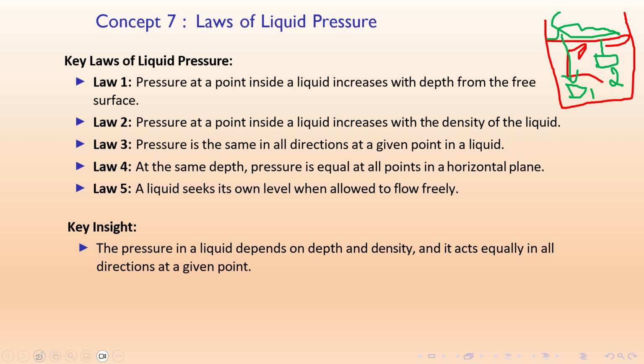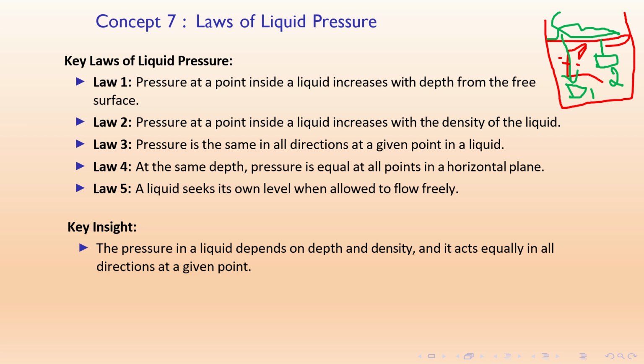Second, pressure at a point inside a liquid increases with the density of the liquid. If the density of the liquid is different, the pressure will automatically be different. Why? Because pressure is directly proportional to density, as the equation P is equal to H into rho into G shows, where rho is the density.